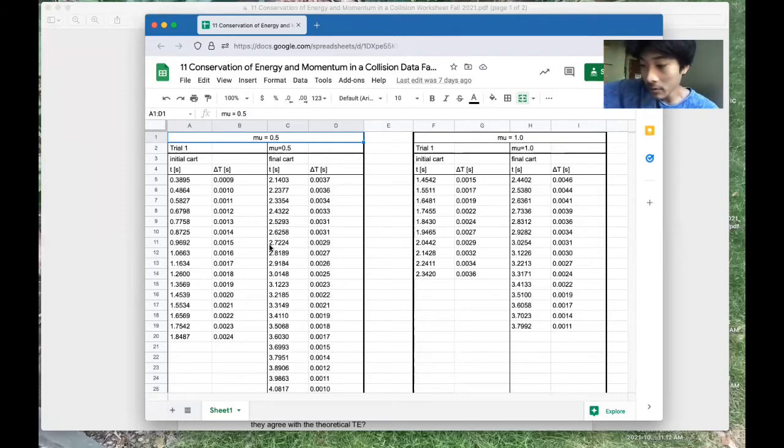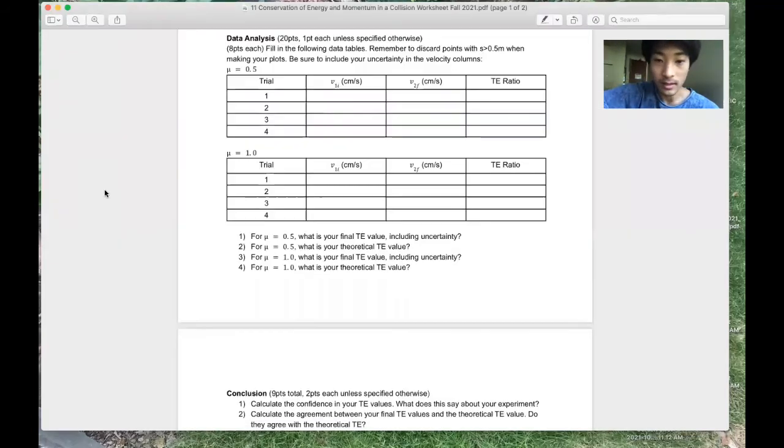Great. So the tables you're going to fill in using this data. And one thing to note is that you see these velocity columns. They're asking for velocity here. You're actually going to want to include your uncertainty in the velocity column. So it's going to be something that might look like 1, 2, 3 plus or minus 4, 5, 6.